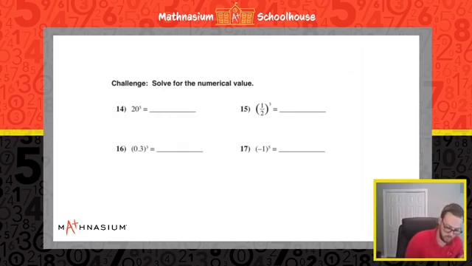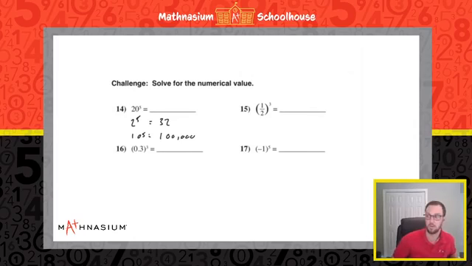So what if I asked you what 2 to the 5th was? Yeah, very good. That would be 32. So if I have 20 to the 5th, essentially we can think of this as what's 10 to the 5th? $100,000.